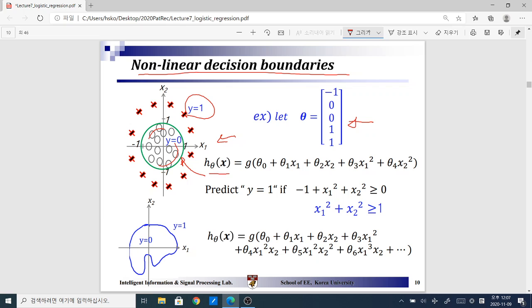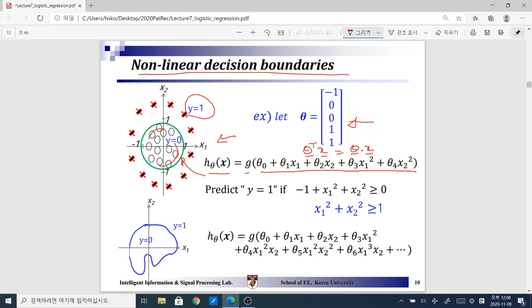That is, by using once again the same hypothesis function, the logistic regression function g over these parameters dotted with x. Actually, I should say theta bar dotted with x bar. Now in this case, by the way, we have a different type of x situation here.